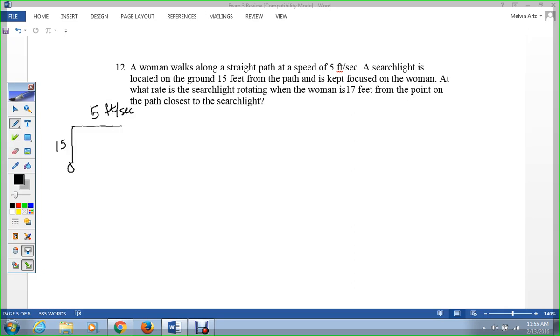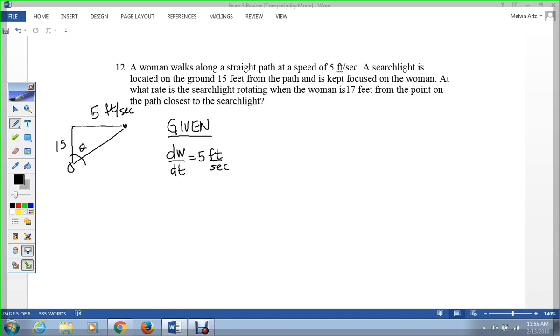And so the woman is here, and the searchlight is keeping focused on the woman. So we're trying to find the rate at which the searchlight is rotating. That would be this angle right here, our theta. So our given information is the speed of the woman, dw dt, which is 5 feet per second.